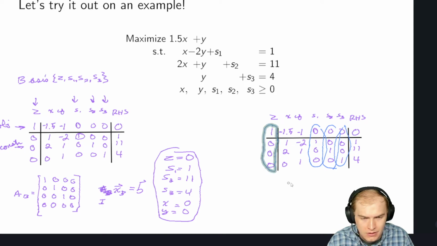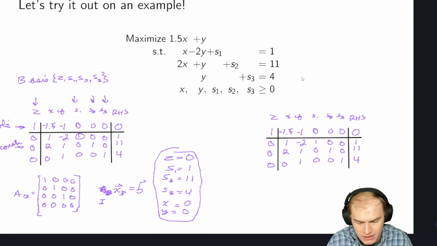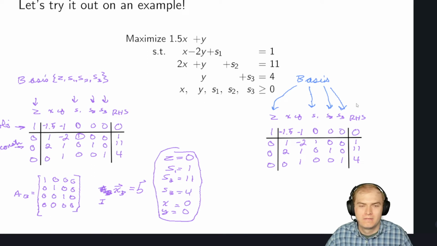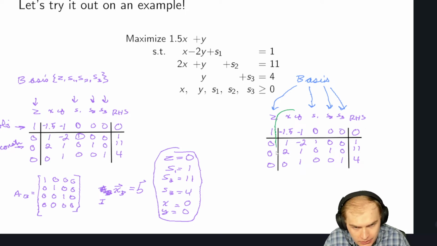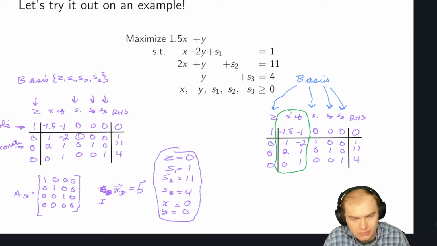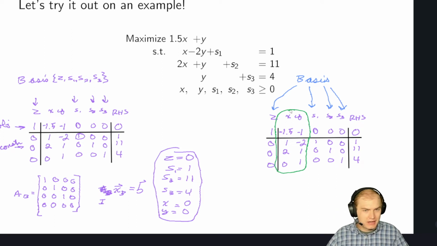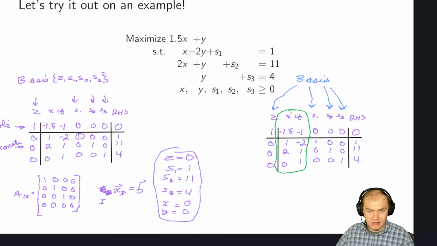So our basis is these guys. And we want to pick a non-basic variable to improve, to add to the basis. So we're going to pick one of these, one of these that doesn't have zeros everywhere and a single 1 in the column.